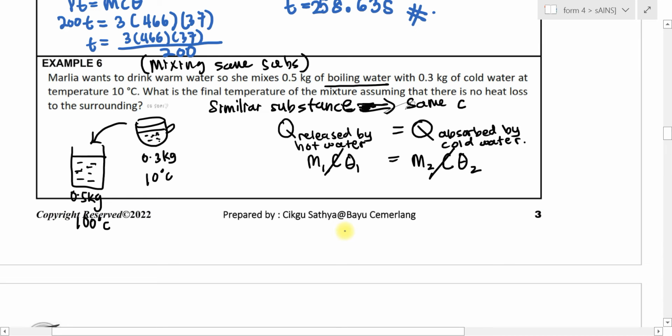Lepas tu mass of the hot water 0.5. Theta dia we don't know. From 100 degrees Celsius dia akan berkurang kepada satu temperature yang kita kenali sebagai, let's say, T. So 100 minus T. Dia tanya final temperature of the mixing kan? Itulah T. Yang ni m2 dia adalah 0.3 kg.